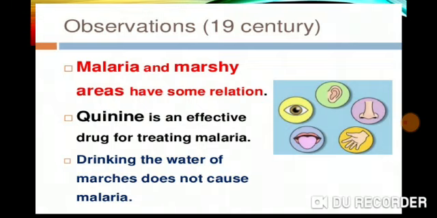According to the observations of the study, in the 19th century we discovered that malaria and marshy areas have some common relation. Quinine, found in the bark of cinchona and quina, is an effective drug for treating malaria, and drinking water of marshy and dirty areas does not cause malaria, but it is caused by tiny organisms known as plasmodium.